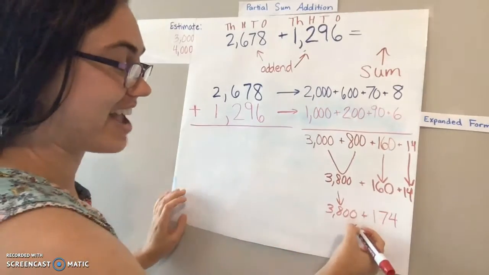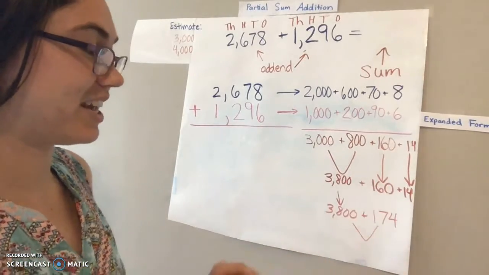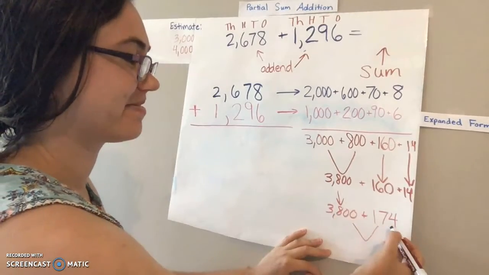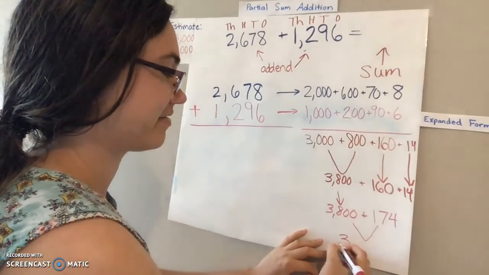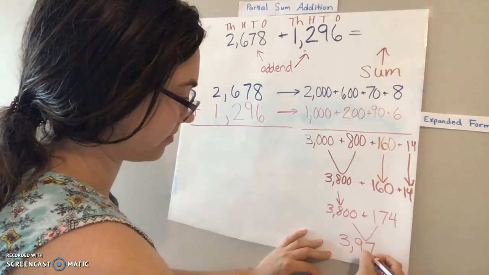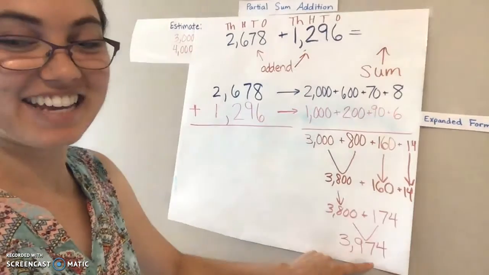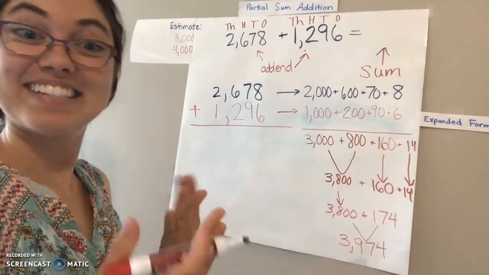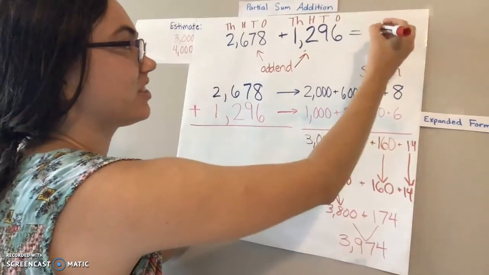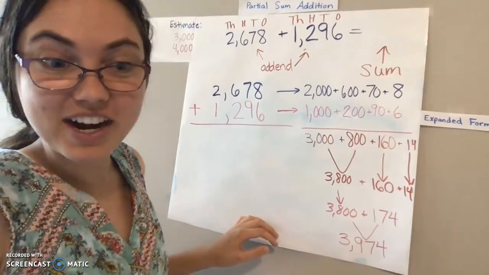174. All right, time to add these two numbers. 3,800 plus 174 is 3,974. So that is our final sum. 3,974. Now let's check it with our estimate.